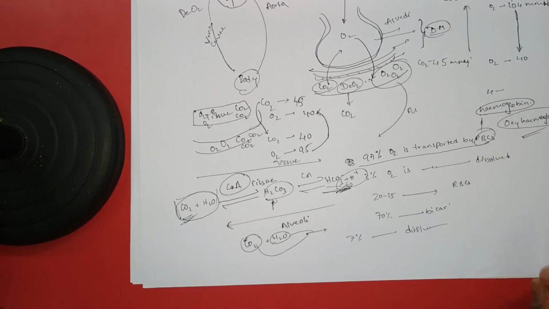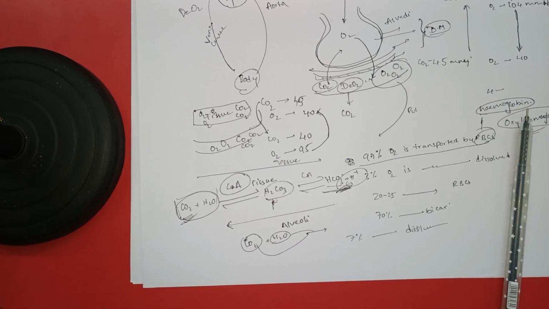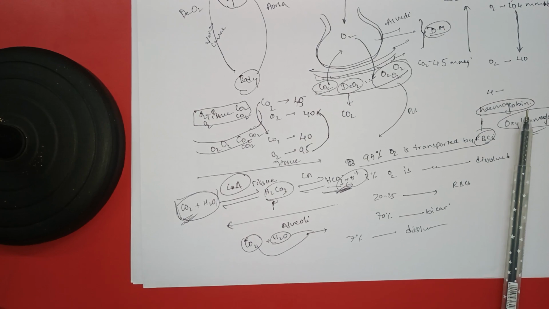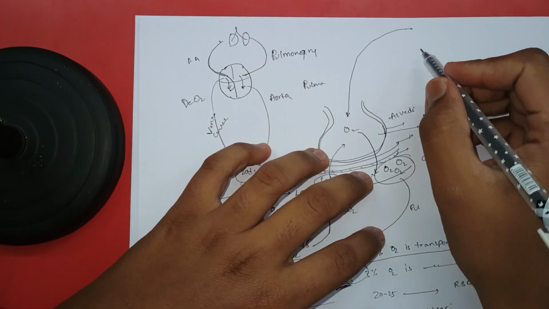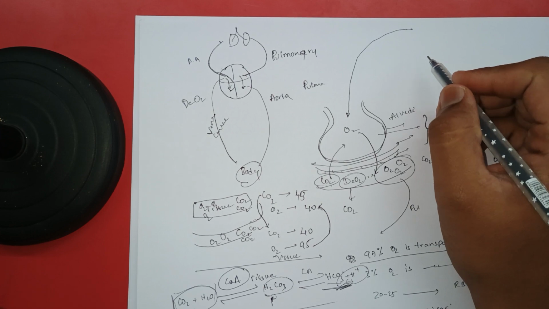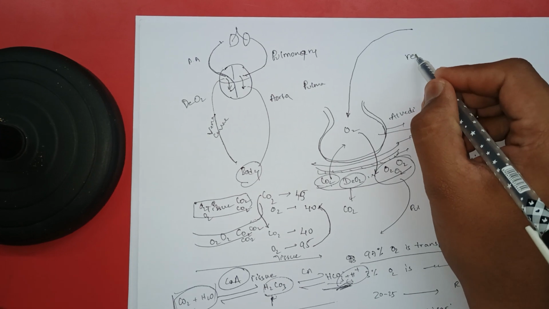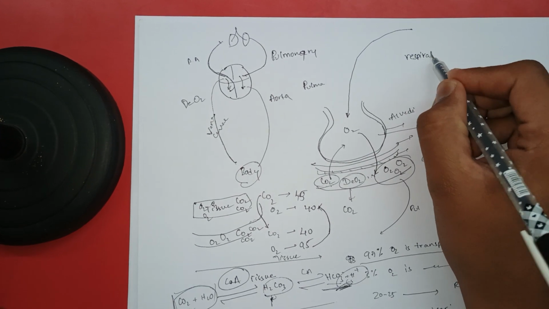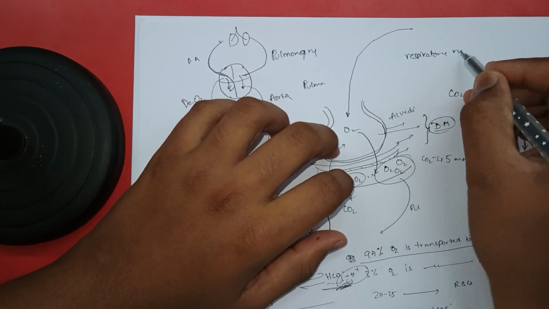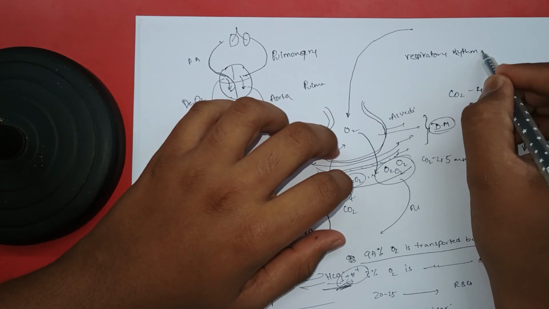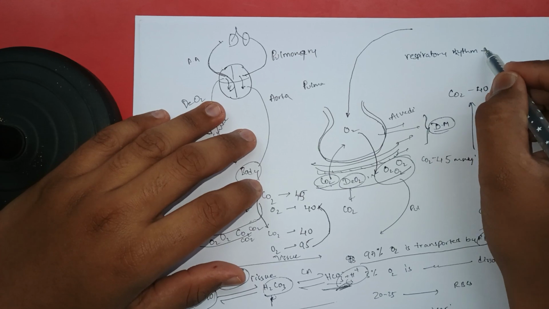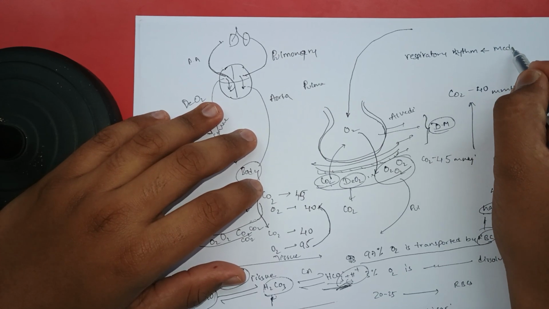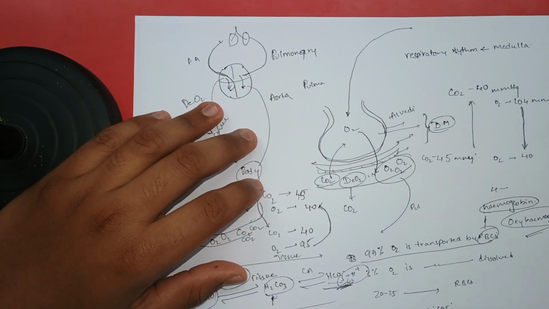Now we'll be discussing the regulation of respiration. A specialized center called the respiratory rhythm center is present in the medulla oblongata region of the brain.